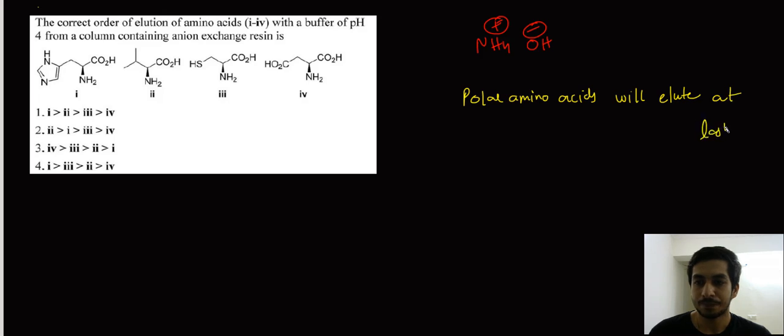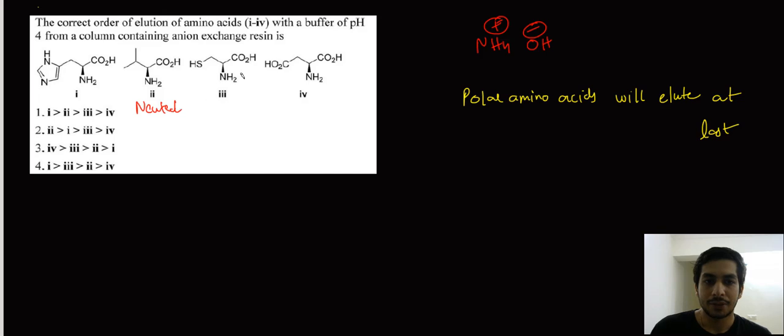Okay, so among the four options, you just needed to know which amino acids are polar and which are non-polar. This second option is leucine, which is basically a neutral amino acid.